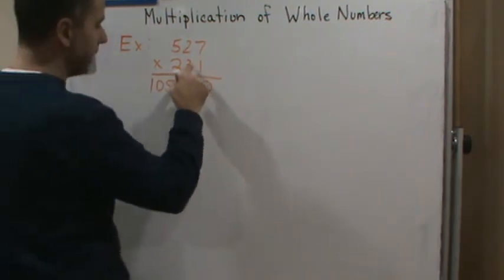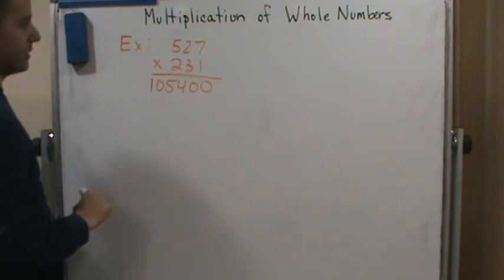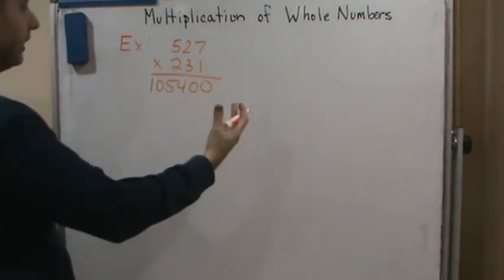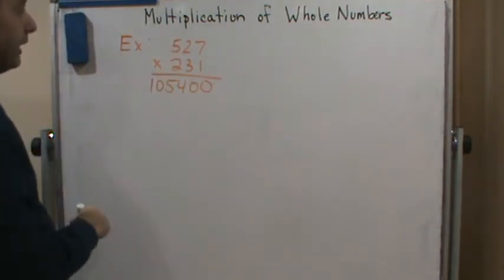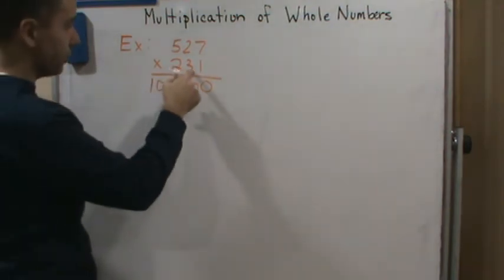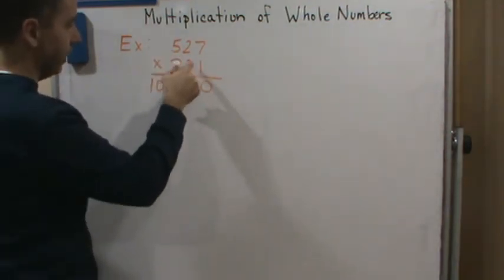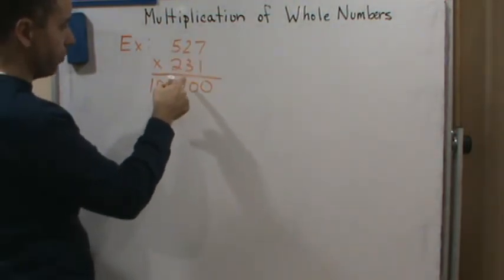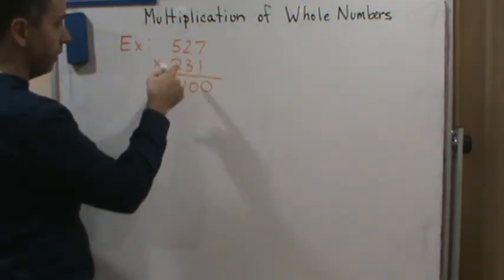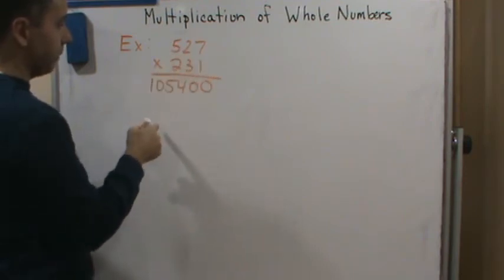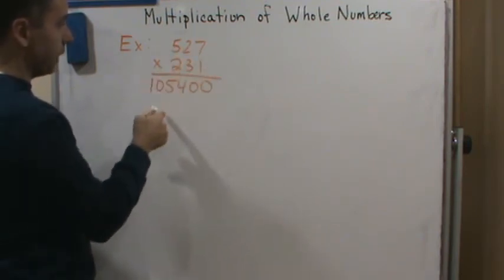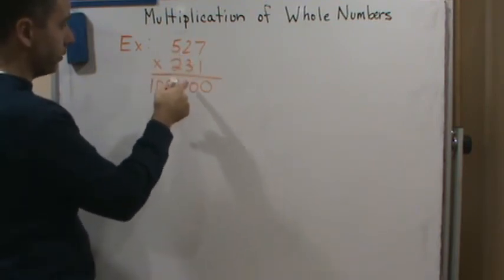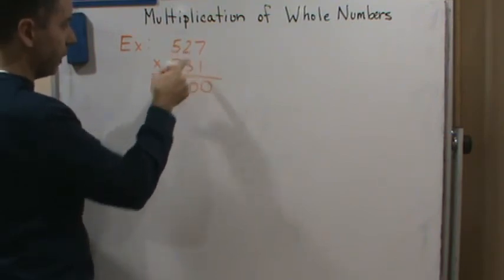Now I'm going to do 3 times this. Well, 3 times 527 is going to be 1581, right? Because 3 times 5 is 15, and then we got 60 and 21. So 1500, 60, 21.